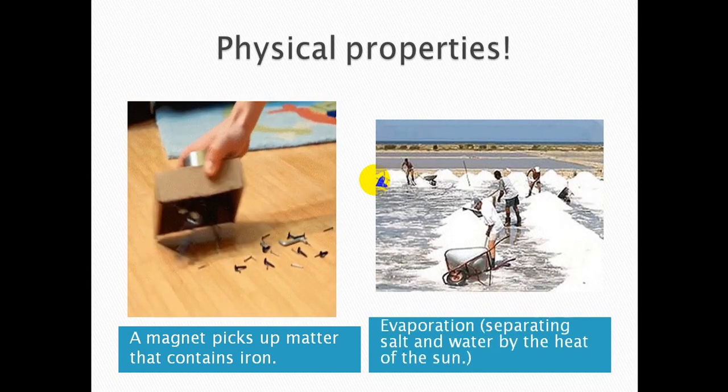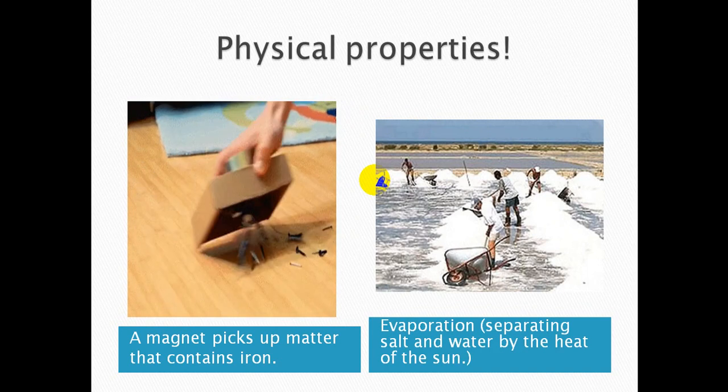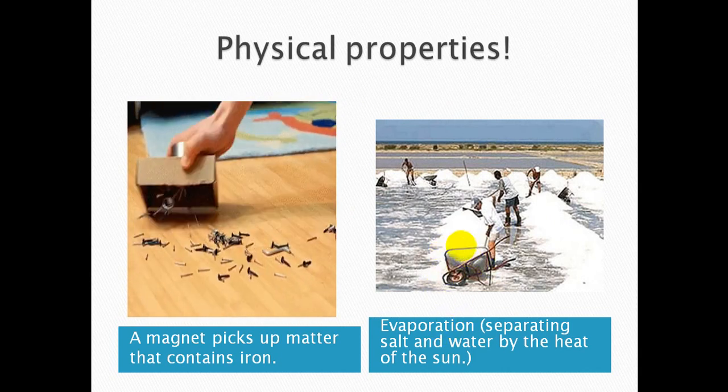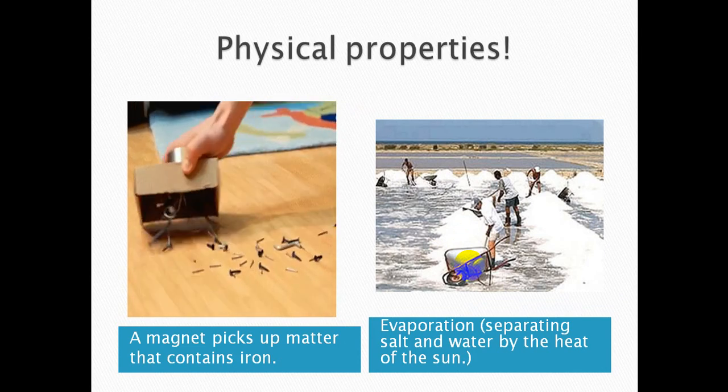What about this physical property? It's evaporation. How does this happen? How can they get all this big amount of salt? This happens by evaporation. Do you remember evaporation? It's the change of liquid to gas. This happens to salt water.